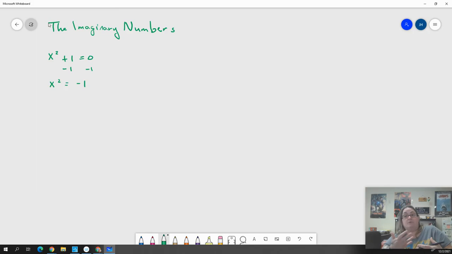And everything that we were working with on our next assignment would say, well, okay, if I have this x squared, I can just take the square root of both sides, right? And I should be able to solve this problem. So if I take the square root of x squared and the square root of negative 1, I'm going to get x equals, well, what is the square root of negative 1?